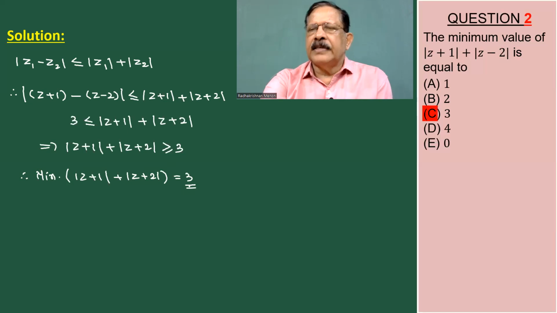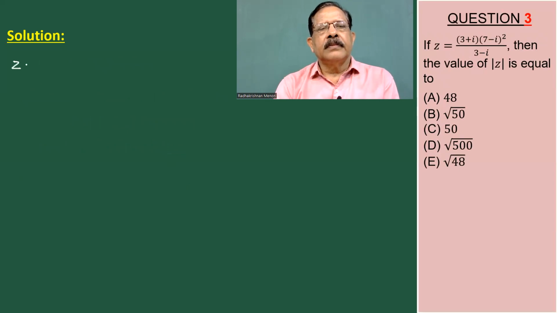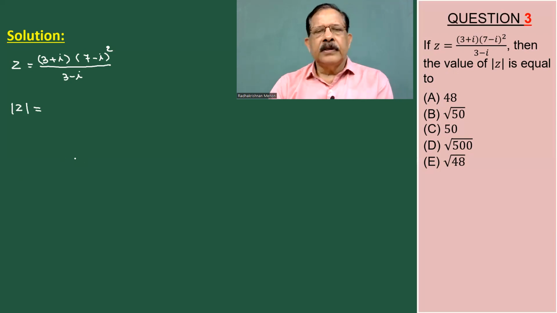It's a very good question. Z is equal to (3 plus i) into (7 minus i) the whole squared, the whole divided by (3 minus i). You have to find its modulus. We need not simplify this.